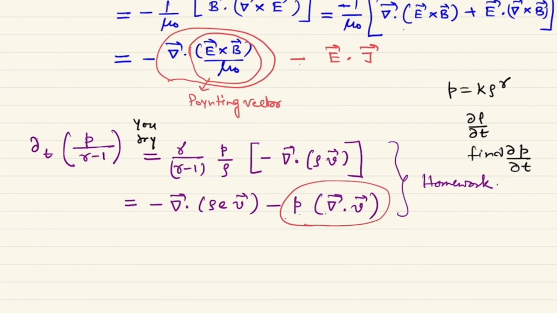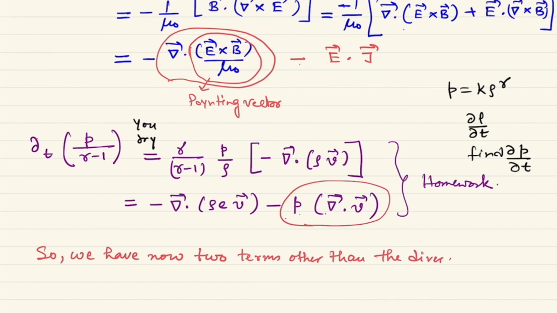So we have now two terms other than the divergences. And who are they?